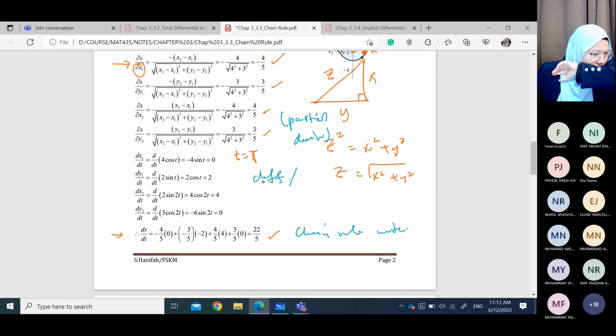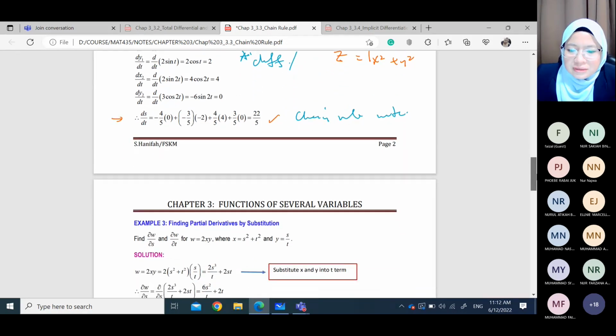Okay. If it involves 2 independent variables, then you need to apply partial derivative. Okay, tepat yang ini. Alright, and then last one you apply chain rule. Okay, so this is one application of chain rule. Okay, ada soalan? Tak ada.